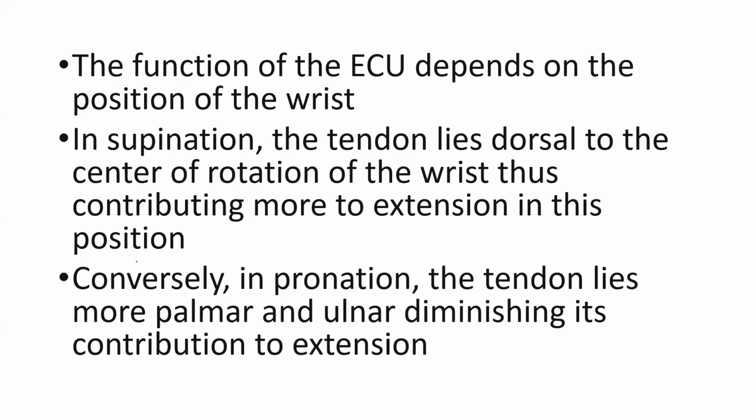The function of the extensor carpi ulnaris depends on the position of the wrist. In supination, the tendon lies dorsal to the center of rotation of the wrist, thus contributing more to extension in this position. Conversely, in pronation, the tendon lies more palmar and ulnar, diminishing its contribution to extension.